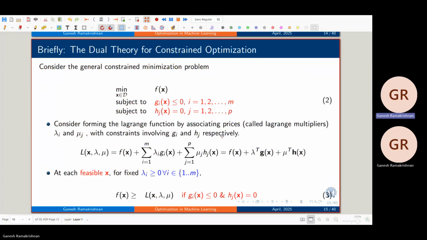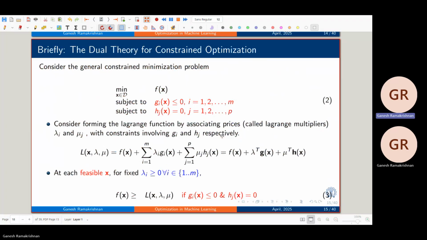And this is primal feasible x, and we'll come to more of dual feasibility. We have not completed dual feasibility. One step into dual feasibility is lambda_i greater than or equal to 0. And the motivation I already gave. Now, no constraint on mu.